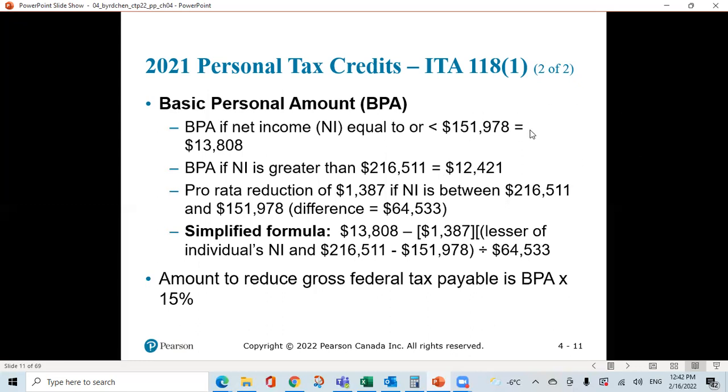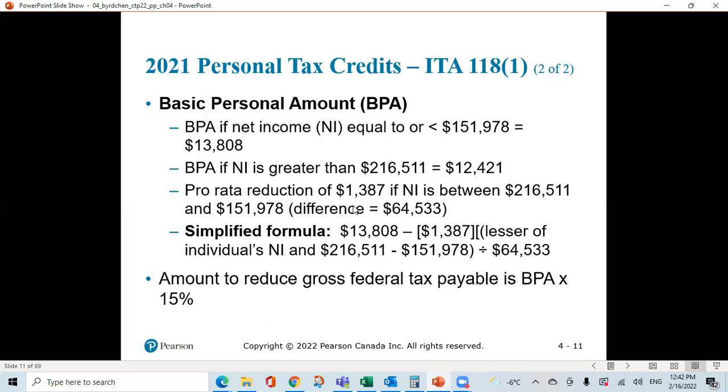So it's going to be decreasing depending on your net income. When you actually reach the top tax bracket, say if your total net income for tax purposes is $216,511 at the end of the year, then your basic personal amount is only the basic amount of $12,421. You will not get any extra amount. Okay, so we'll see examples on that as well.